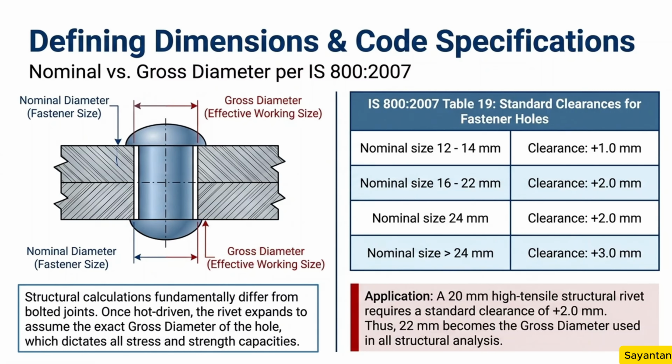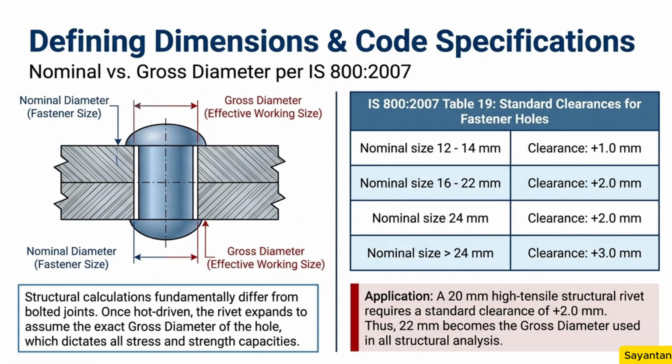Unlike bolted connections, where calculations rely on the unexpanded bolt shank diameter, hot-driven rivets expand to completely fill the clearance hole during installation. Consequently, all critical stress, shear, bearing, and capacity calculations are governed entirely by the gross diameter of the enlarged hole.